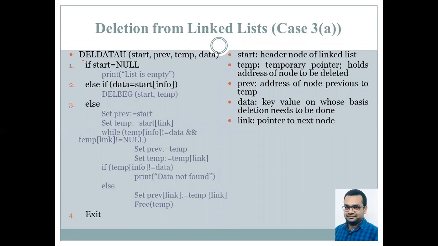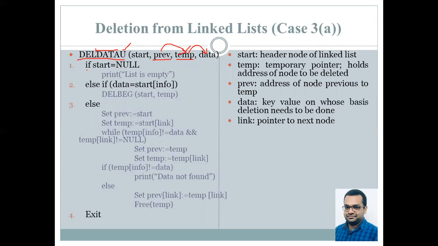We have called our procedure delete data on the basis of data, or the key, and the list is unsorted. We are making use of two pointers, previous and temp, and as done in the previous video, temp holds the address of the node that needs to be deleted, which will contain the data, and previous will be the node that exists just before the node with the address temp.